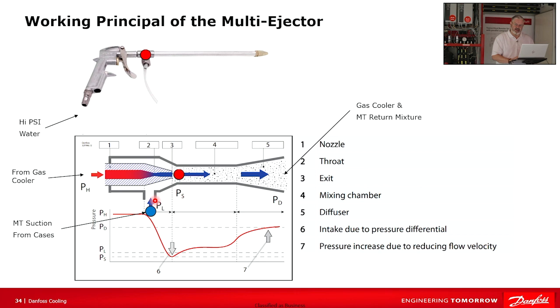The suction return from medium temp comes in here and joins the gas cooler mass flow, not unlike the soap solution from the tube that drops out of your pressure washer wand. Then the two mix together through the mixing chamber and exit through the diffuser, very similar to our pressure washer wand. They mix together here and exit as a soap and water mixture. So our soap and water mixture in the pressure washer example is our gas cooler and medium temp return gas mixture.